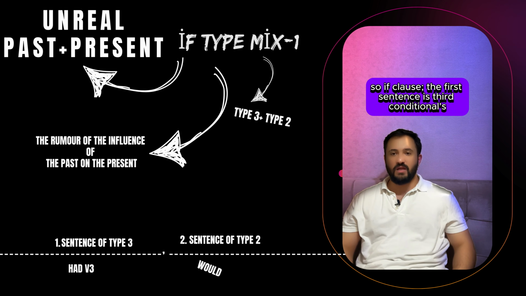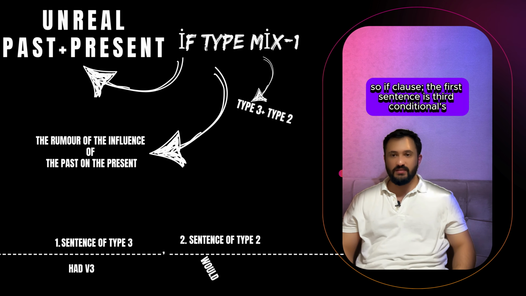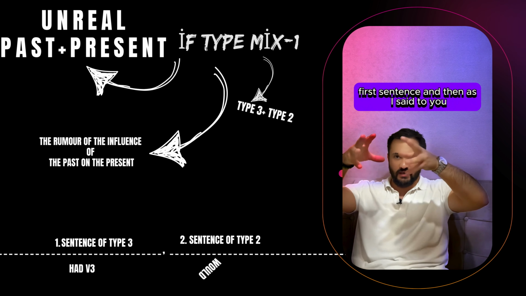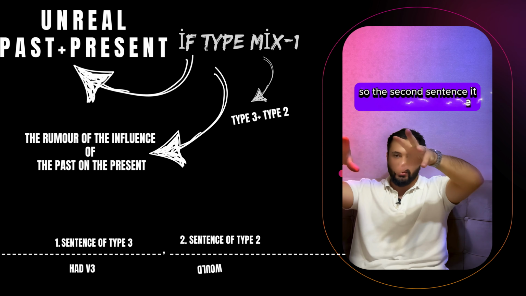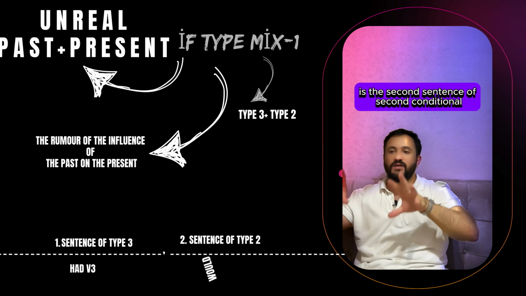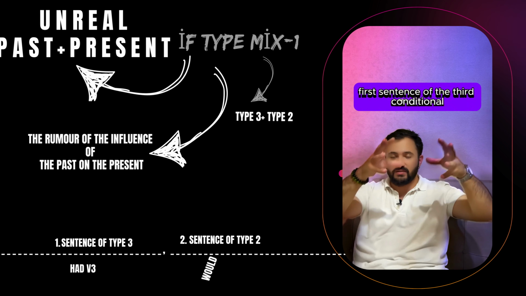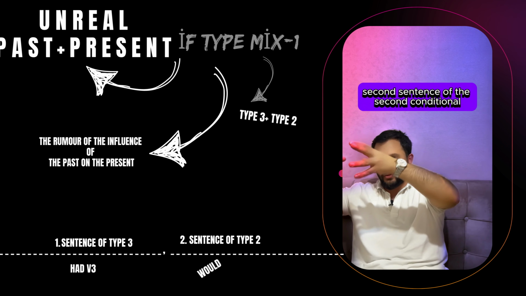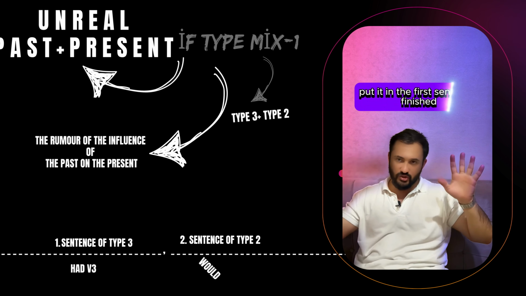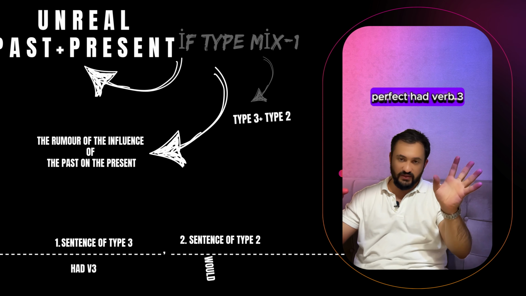So the if clause, the first sentence, is the third conditional's first sentence, and then, as I said, this is a mixture. The main clause is the second sentence of the second conditional. First sentence of the third conditional, second sentence of the second conditional. Finished. It means the first sentence is past perfect, had plus verb 3.